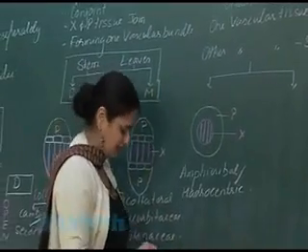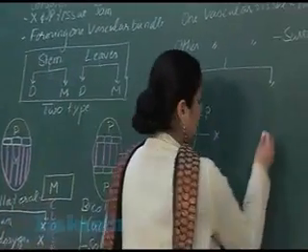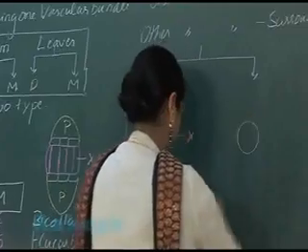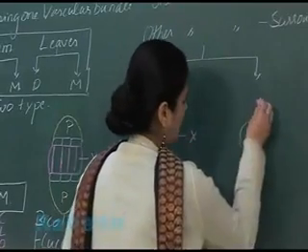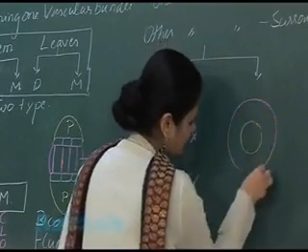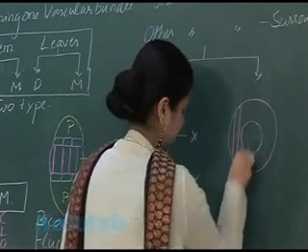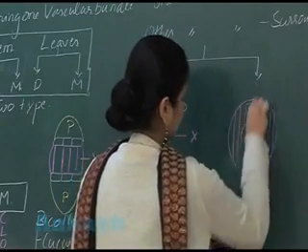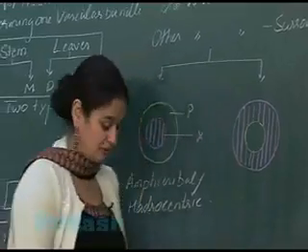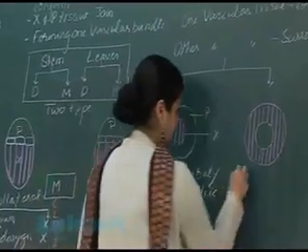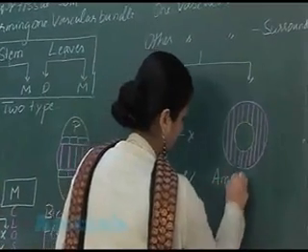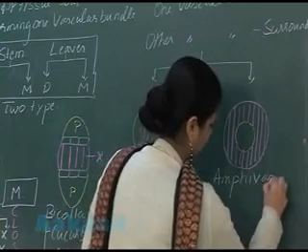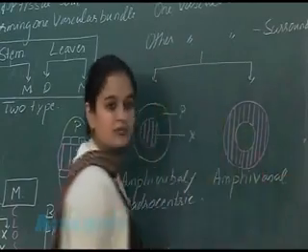Right. Second case, in the center now phloem, just reverse. All around it is surrounded by xylem. This type of vascular bundle is known as amphivasal. Right?